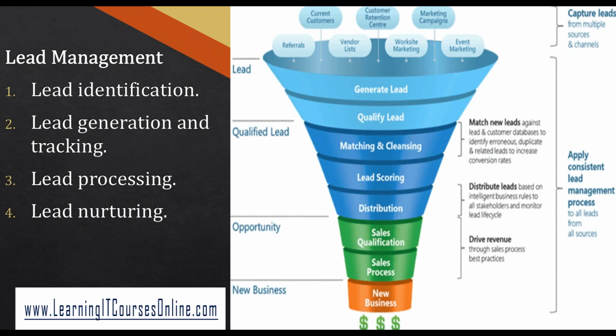And so lead identification helps you determine buyer types you're after. Lead generation is all about capturing the ideal buyer. Lead tracking is where we gather intelligence and analyze interest, needs, wants of our suspects. Lead processing includes scoring and qualifying, which are key processes to organize, filter, and prioritize our leads by their potential value. And finally, lead nurturing is a task to build relationships with potential clients who are not ready to buy yet.